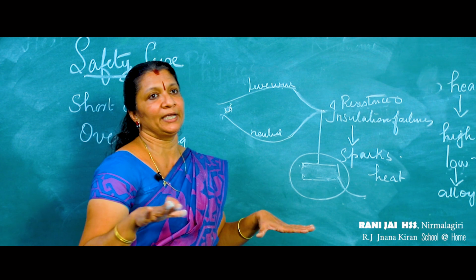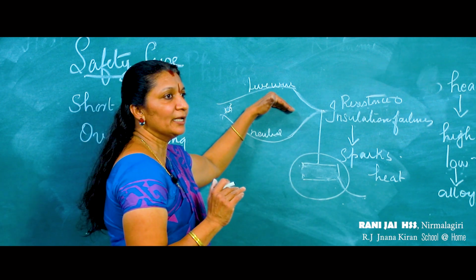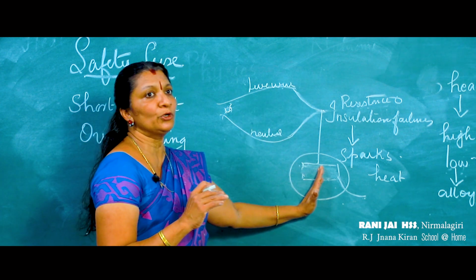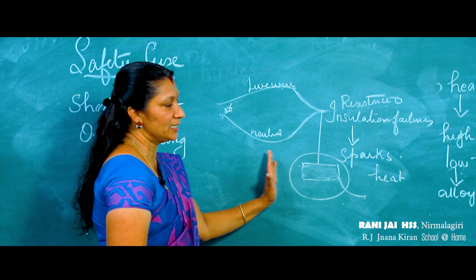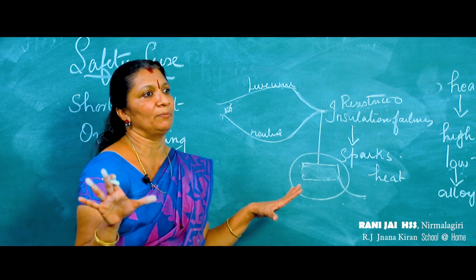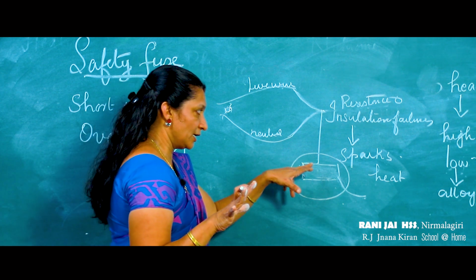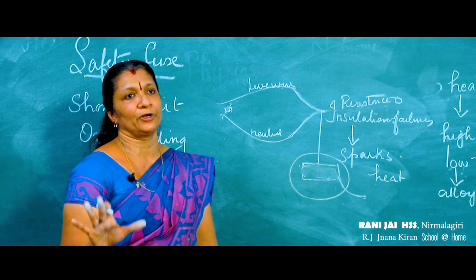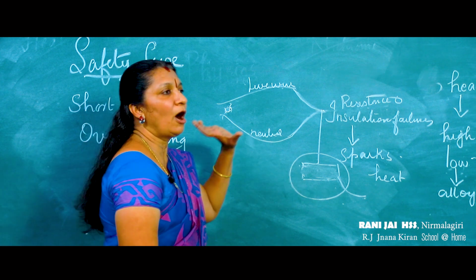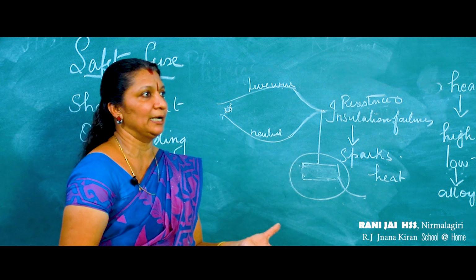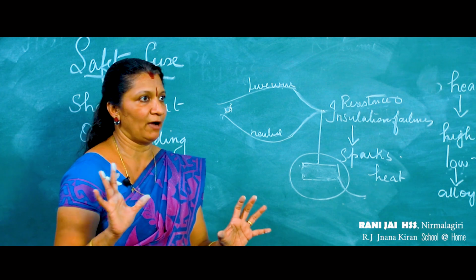So it will be breaking the circuit and protecting the circuit, or sometimes the appliances, etc. Easily it will be protecting. Understood? So this is how it is protecting the household circuit or any big buildings or any small devices, etc.